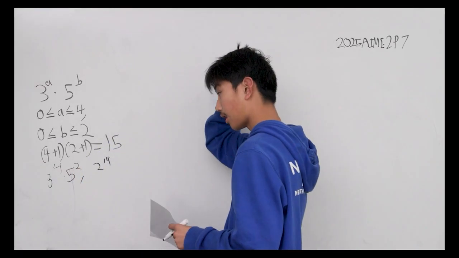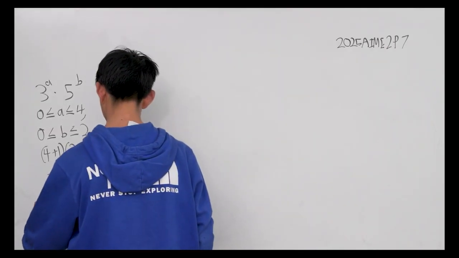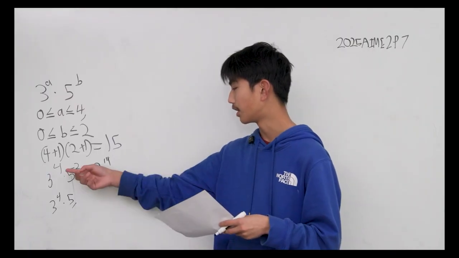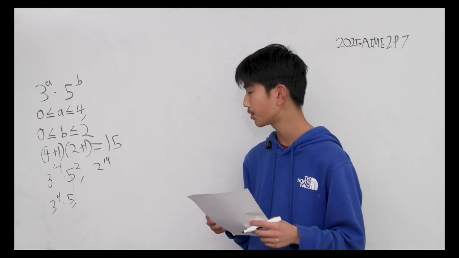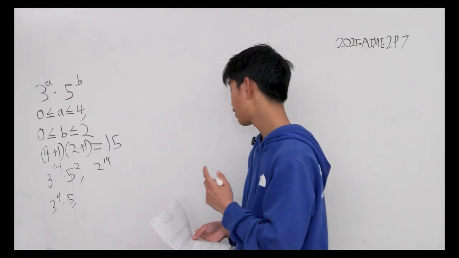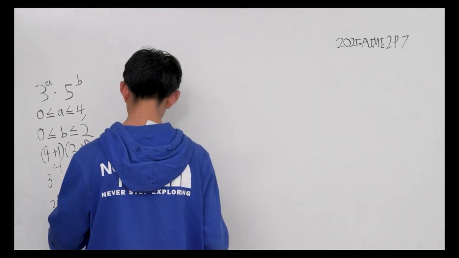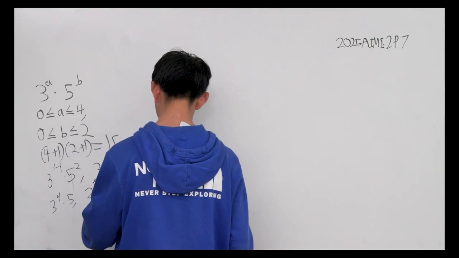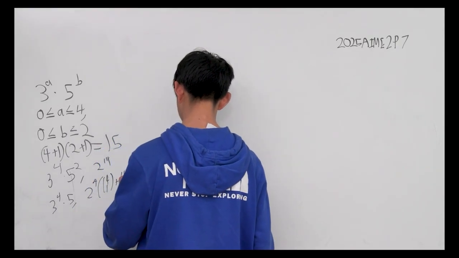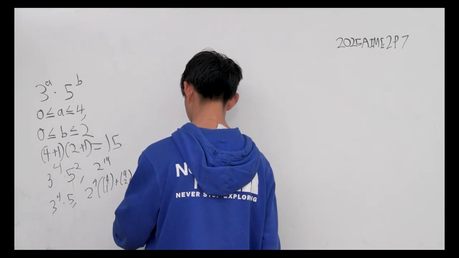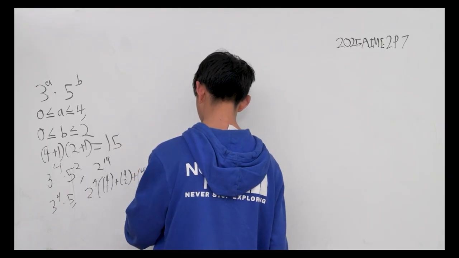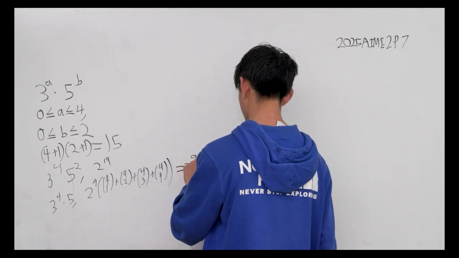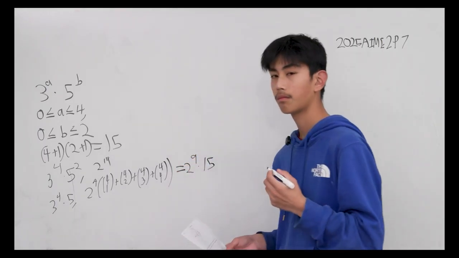Now, if you have 3 to the power of 4 times 5, you can have one of these, but you can choose 9 other numbers, meaning that this will yield 2 to the power of 9 times 4 choose 1 plus 4 choose 2 plus 4 choose 3 plus 4 choose 4 ways, which is 2 to the power of 9 times 15.